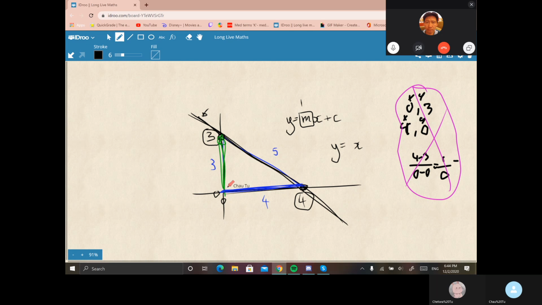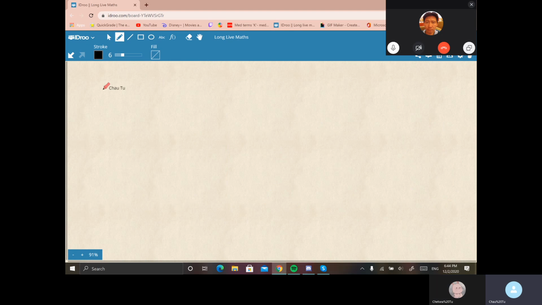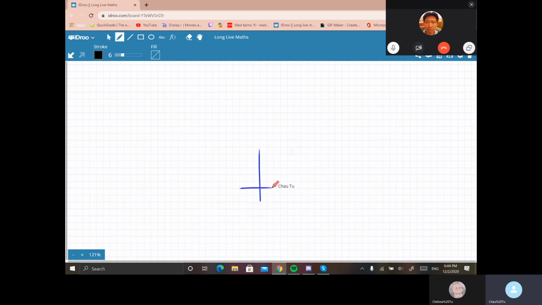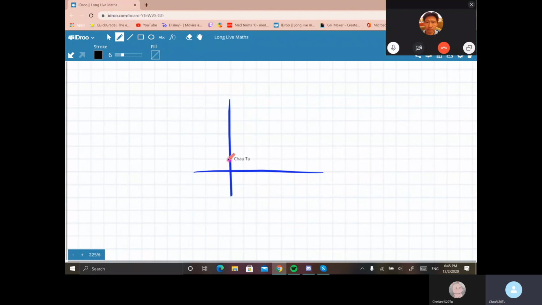Let me clear this up. If I were to give you a line looking like this, how would you come up with the equation of this straight line?